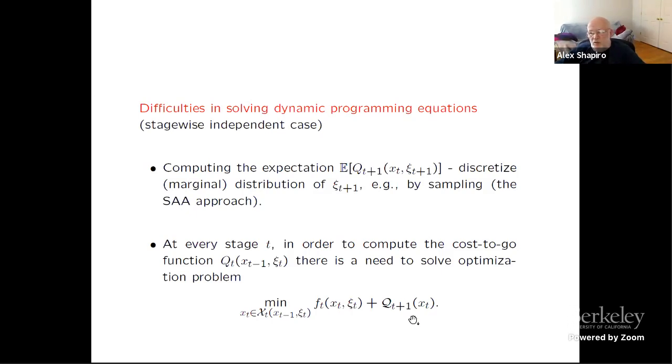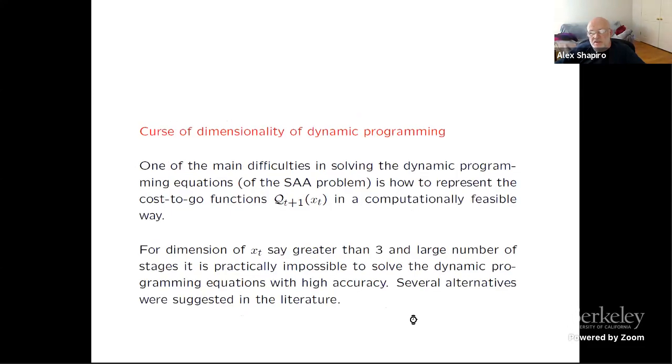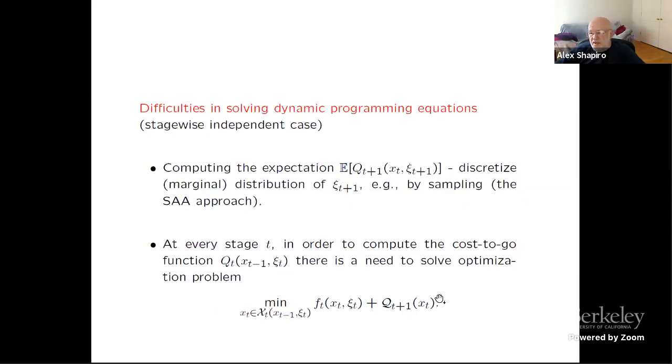Okay. Now, what is extremely important here, right? As we'll see in the linear case, these functions are convex with respect to the decision variables. Right? For example, in the linear case or more generally some convex case.